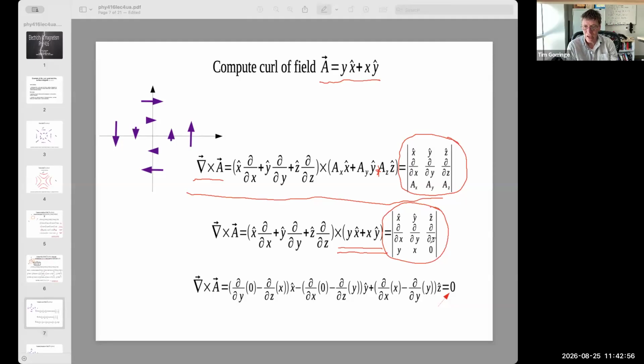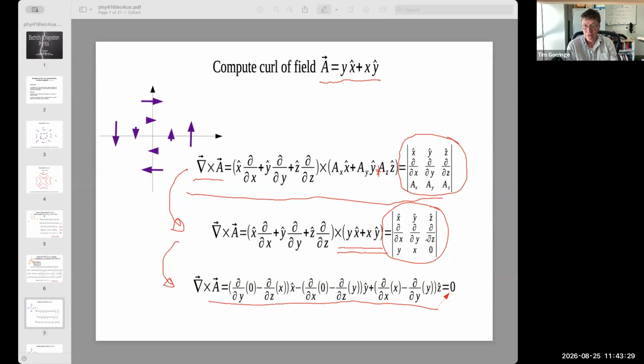From step 1 down to step 2, I'm just replacing the general expression for the components of the field with my components of my field. A_x is y and A_y is x. So that's very simple.